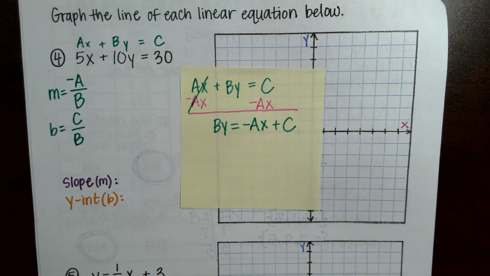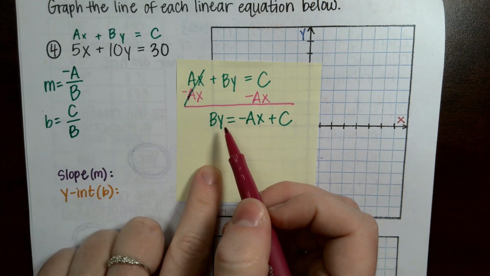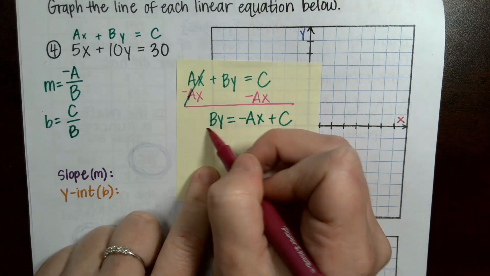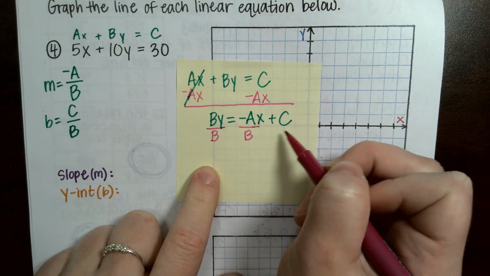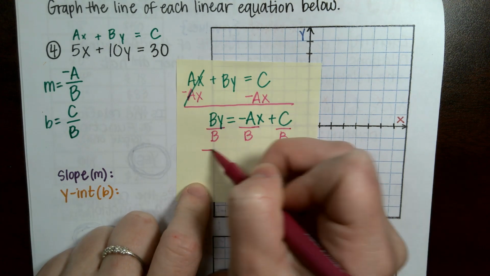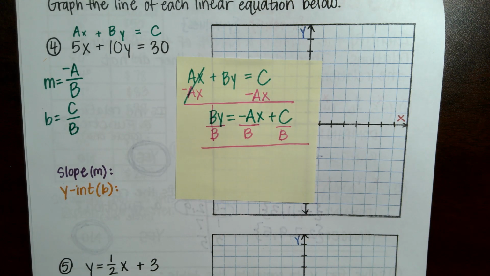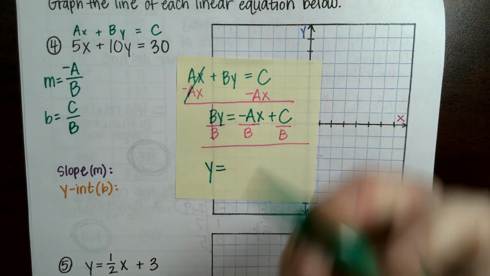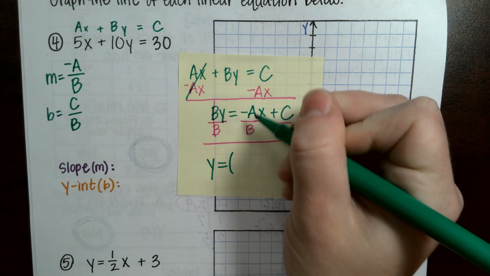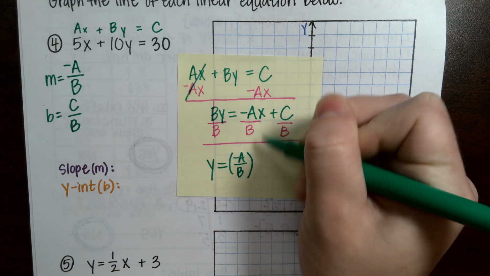And we still have something being multiplied by y. We need y to be by itself, so we would divide by b on every term here. And my b's would cancel, so I would finally be left with y by itself equals negative A over B x.